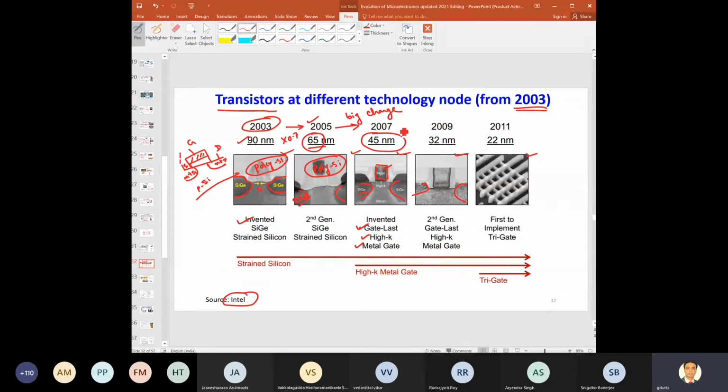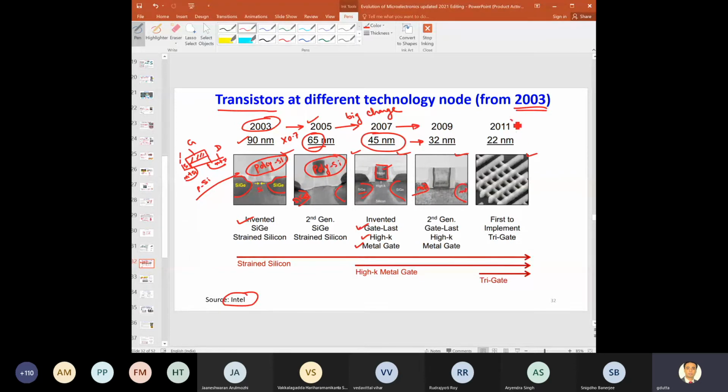So again from 2007 to 2009, that is 45 nanometer to 32 nanometer technology, you can see it is almost the same thing, only some minor differences, not any major difference, right? And from here, you see the devices are still planar, right? If you consider this n plus, this n plus, all devices are planar type.